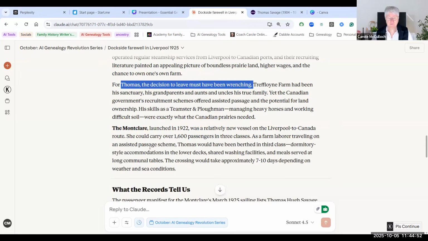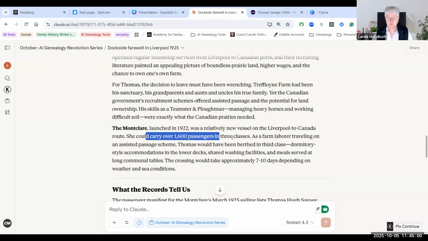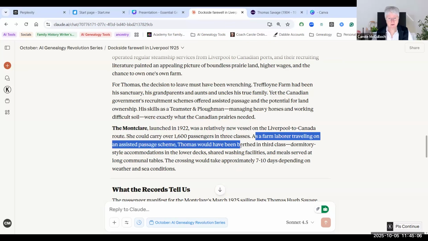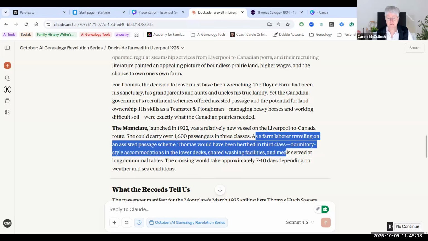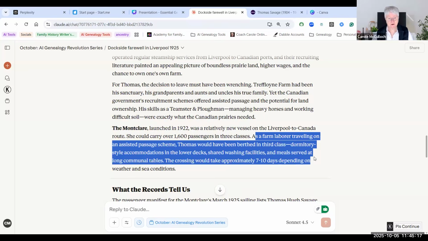Then goes on to describe a little bit about life on board Montclair. It was a ship that could carry 1,600 passengers in 3 classes. And as a farm labourer travelling on an assisted passage scheme, Thomas would have been berthed in 3rd class, dormitory-style accommodations in the lower decks, shared washing facilities and meals served at long communal tables.